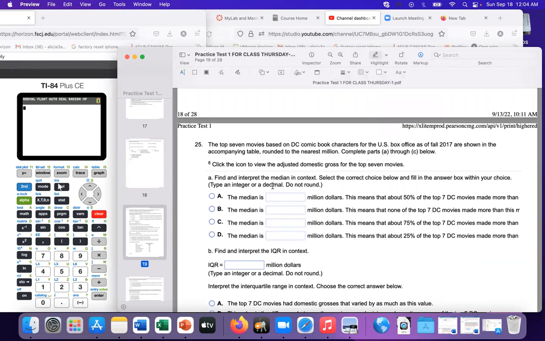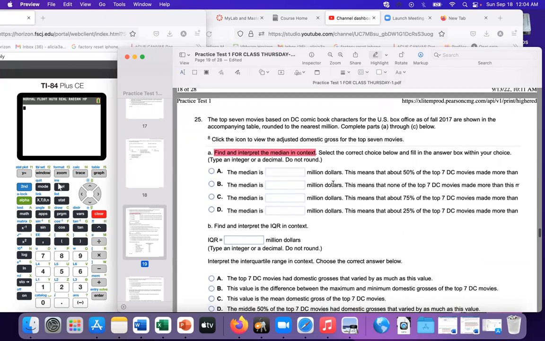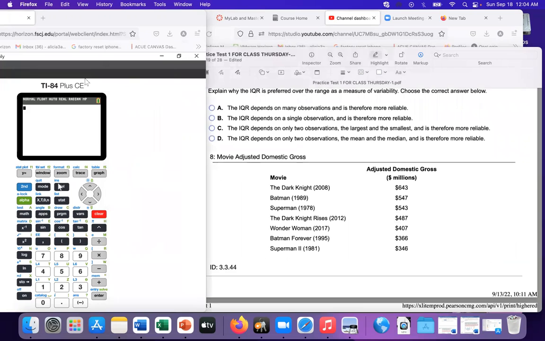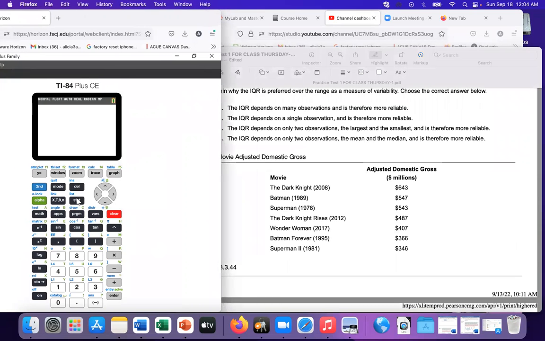We are looking at first, find and interpret the median in context. Select the correct choice. I'm going to put it in the calculator. So I'm going to go to my stat, edit, so I can edit my list. I'm going to put this in L1. I'm going to clear L1. Let's do 6, 4, 3, enter.